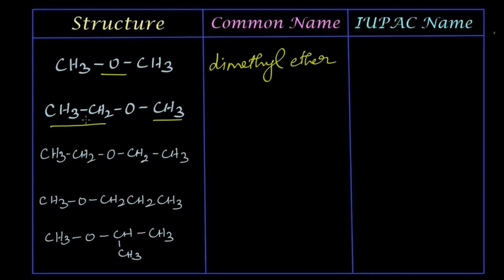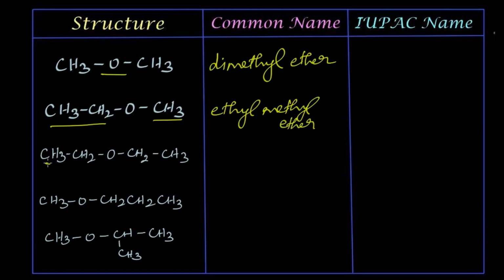We shall name it as ethyl methyl ether. We should not name it as methyl ethyl ether in the common name because, according to alphabetical order, E, ethyl, comes before M, methyl. So ethyl methyl ether is the common name for the second compound.